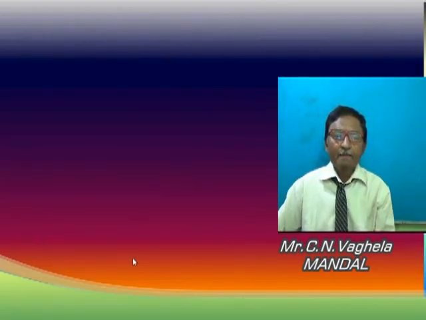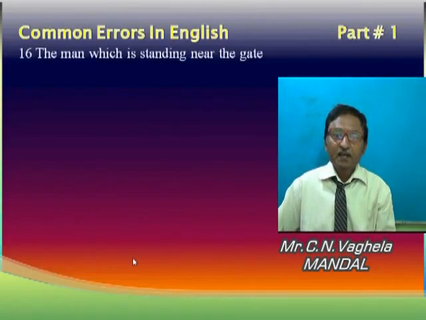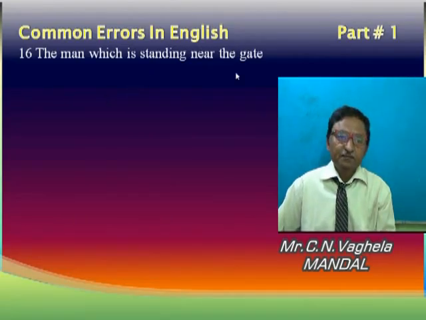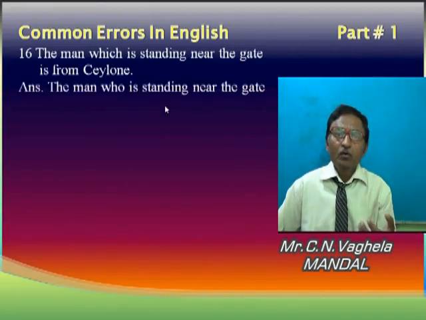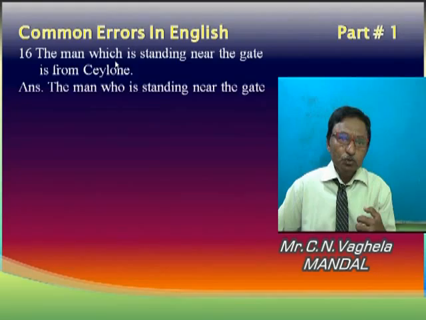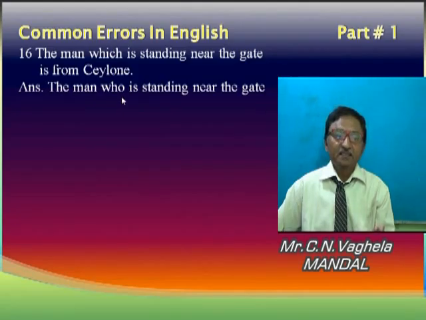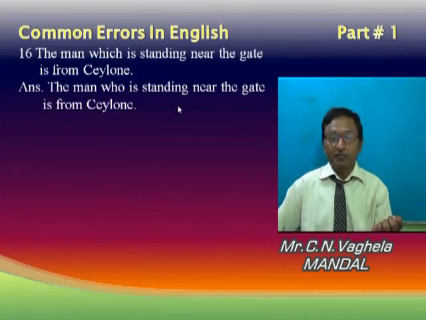Next sentence: The man which is standing near the gate is from Ceylon. Now here, which is wrong. We use which only for objects, lifeless things, birds, animals, etc. But we use who for human beings. The man who is standing near the gate is from Ceylon, that is the correct one.